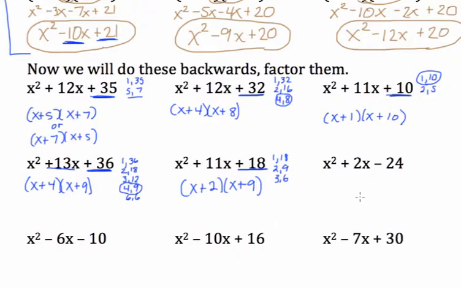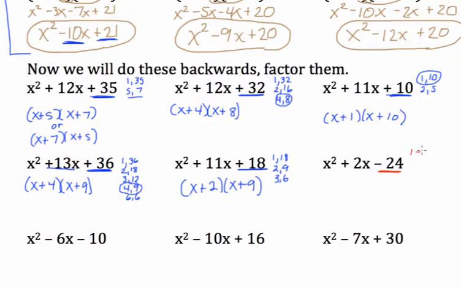Okay, into the negatives. These ones get a little trickier. I know that if I have a negative multiplying number, how do you get a negative multiplying number? Well, you have one positive and one negative. So let's list the choices.